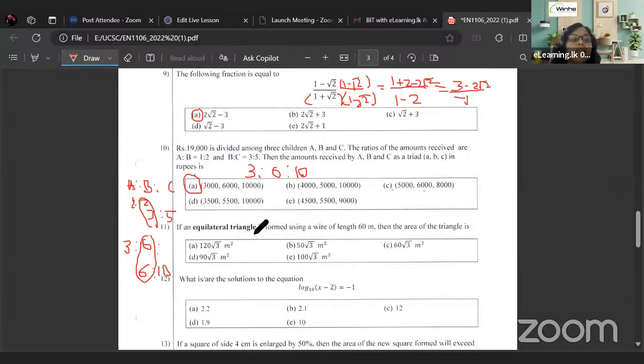Question number 11. If an equilateral triangle is formed using wire of length 60 meter, then the area of the triangle is. Right? Find the area of the triangle.